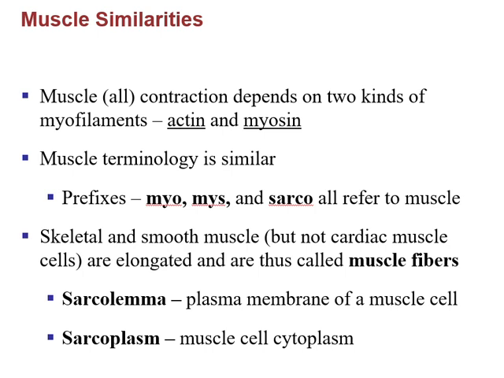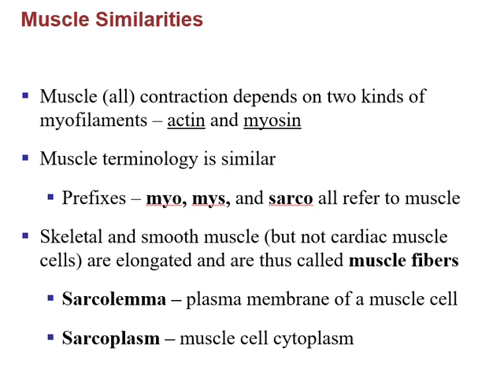We're going to talk now about some more muscle similarities that we haven't really discussed yet. First, all muscle contraction depends on two kinds of myofilaments. Myofilaments are just protein filaments, and the two we're going to look at are actin myofilaments and myosin myofilaments. Some prefixes are going to be common when we talk about muscle in this chapter.